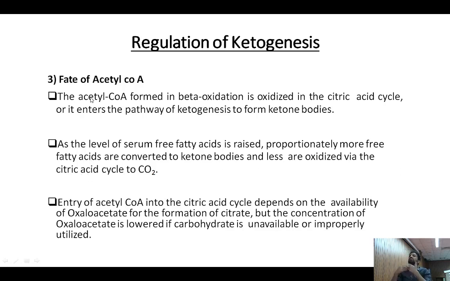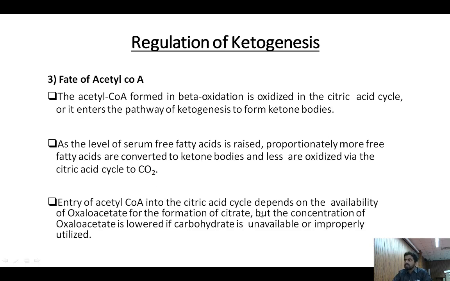So when more and more free fatty acid is formed, it will lead to formation of more acetyl coenzyme A, but more of it goes into the ketone body synthesis pathway rather than the citric acid cycle. Why? Because the citric acid cycle gets saturated, because it needs oxaloacetate, right?